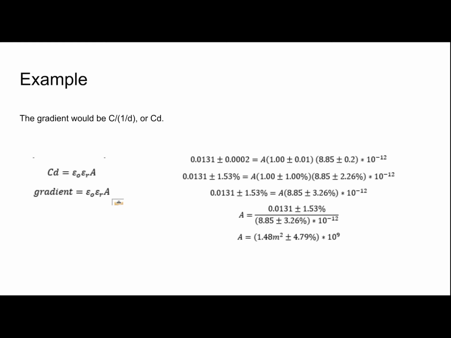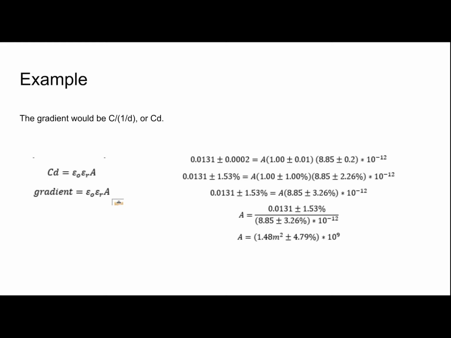When we're dividing uncertainties, we need to add the percentage uncertainties and divide the actual values. So that becomes 0.0131 plus or minus 1.53% over 8.85 plus or minus 3.26% times 10 to the power of negative 12. And our answer should come out to be A equals 1.48 meters squared plus or minus 4.79% times 10 to the power of 9.